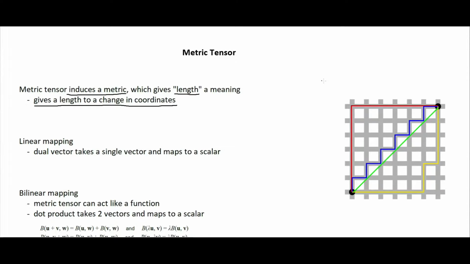And so that's what I have over here. This actually shows two different types of metric. The first kind, shown in red, blue, and yellow, is called the taxicab, or sometimes the Manhattan metric.